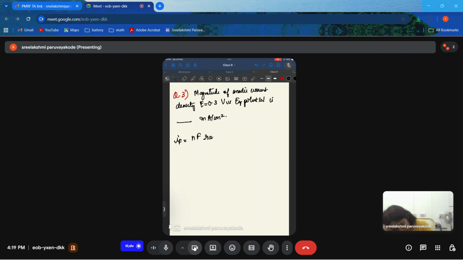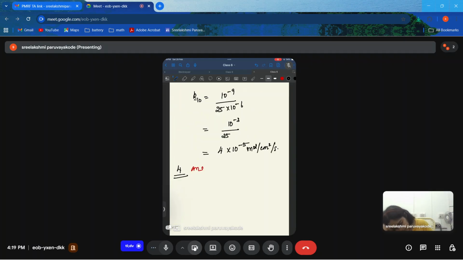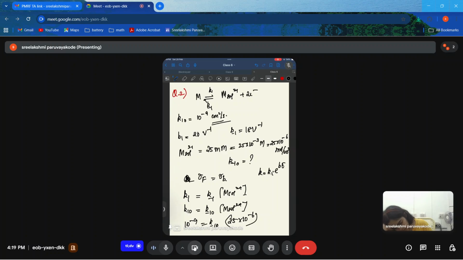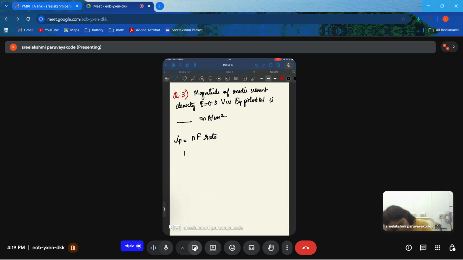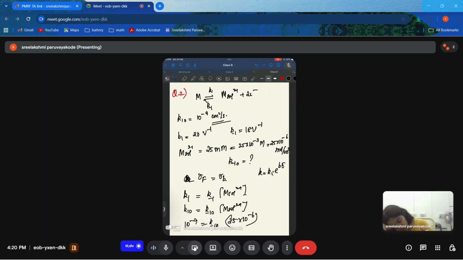I equal to nF into rate of the reaction. So I have to first find out what is the rate of the forward reaction. Forward reaction is K10 e to the power B1 E, that is K1. Let me find out all the individual values and then we'll do the calculation.